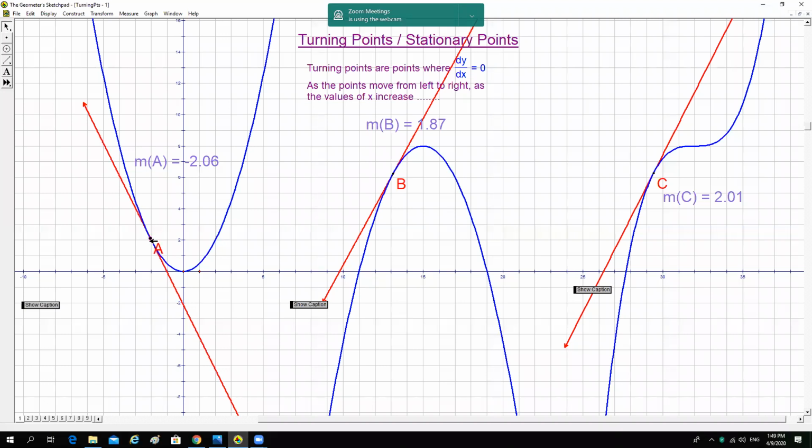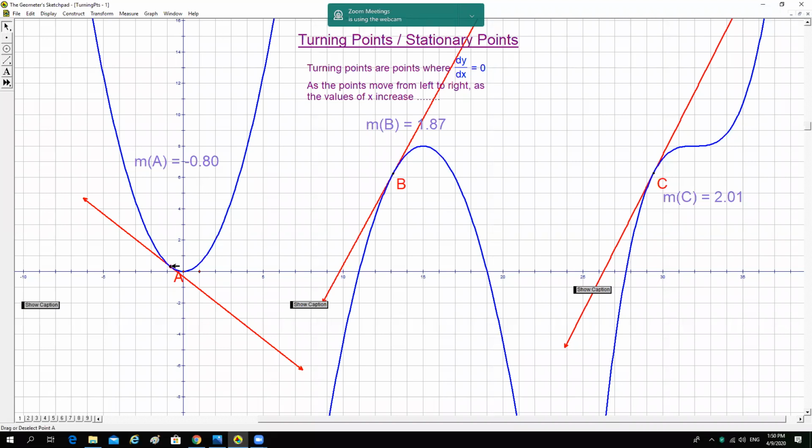Now, as I drag this point A towards the right hand side, the value of the gradient decreases. It becomes less and less negative. So I drag it further, it becomes negative 0.8.